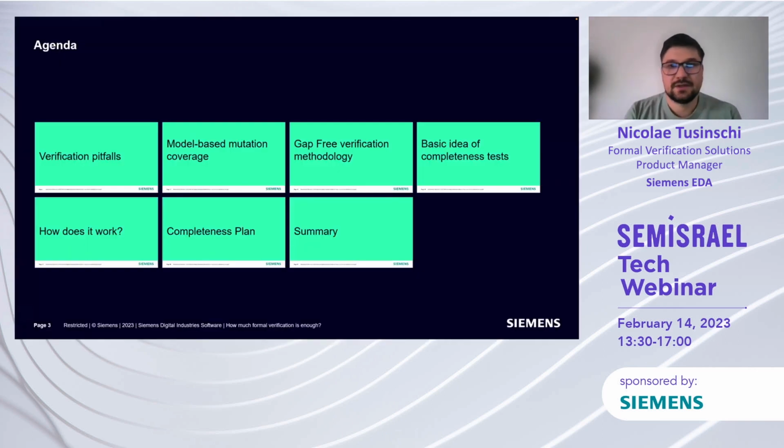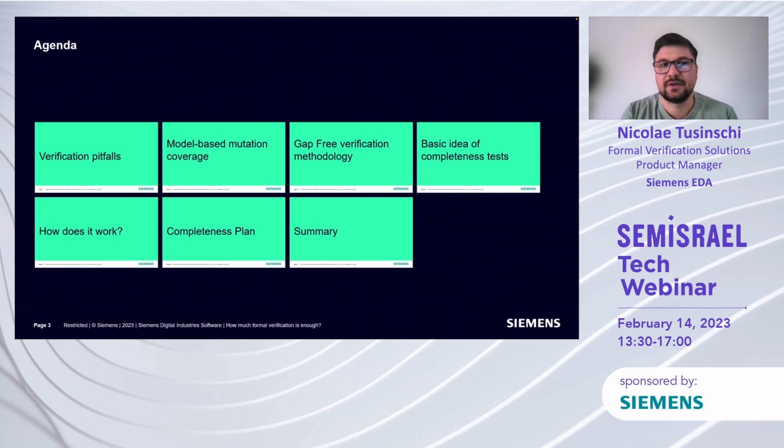Moving forward, let's look at what today's agenda looks like. So, what shall we cover today? First, we will review what we are facing nowadays when it comes to verification. So what are current verification pitfalls? Then I will briefly describe an alternative to the current methodology that we propose.